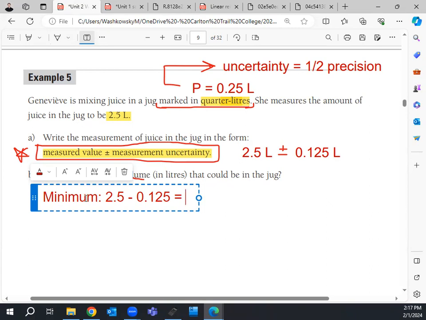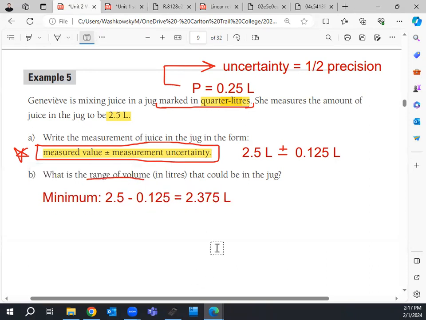So there has to be at least 2.375 liters in the jug, if that makes sense. Because I think there's 2.5 in there, but I don't know for sure because I have some uncertainty. I have a range of errors in there. The 0.125 liters, that's what we've identified as your uncertainty.